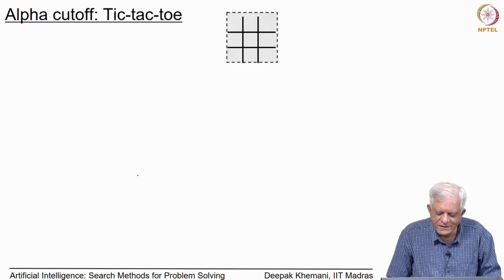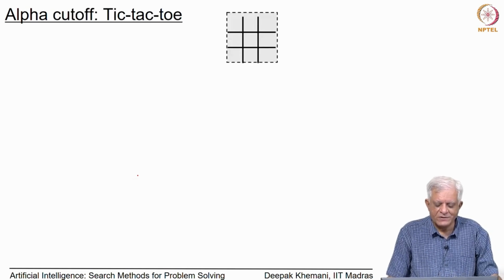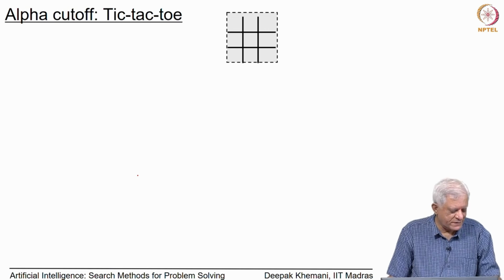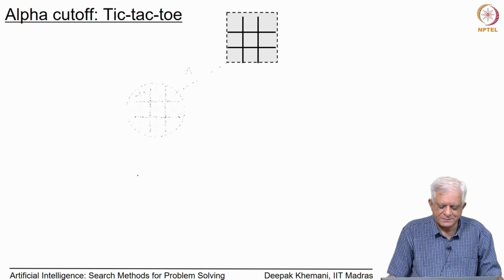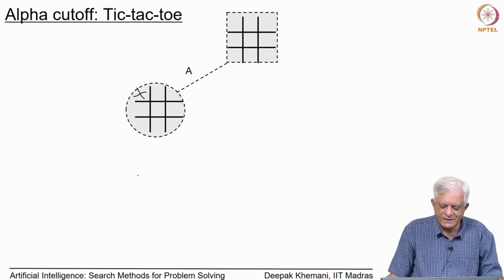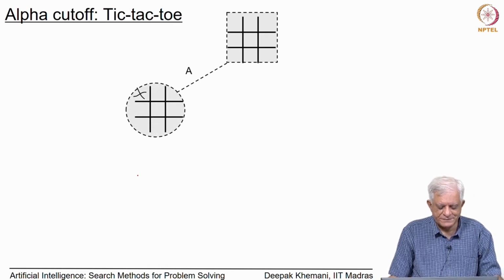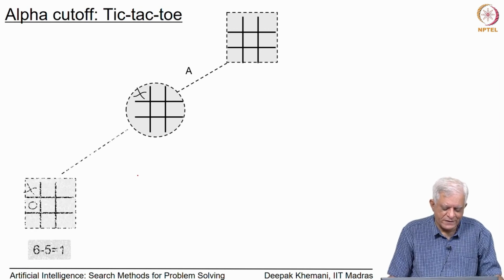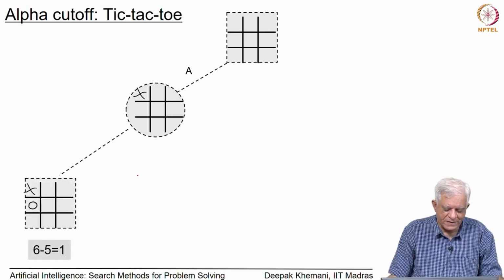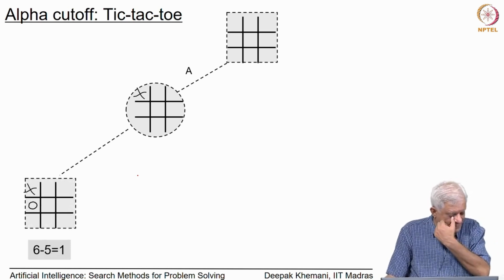So, let us look at this simple game again, tic tac toe, the same example that we saw a short while ago. Max is considering making this move, which is putting a cross on the corner square, and it is doing 2 ply look ahead. So, it looks at each of the children one by one. Remember this is depth first search which is happening. First it looks at the first child and evaluates it.